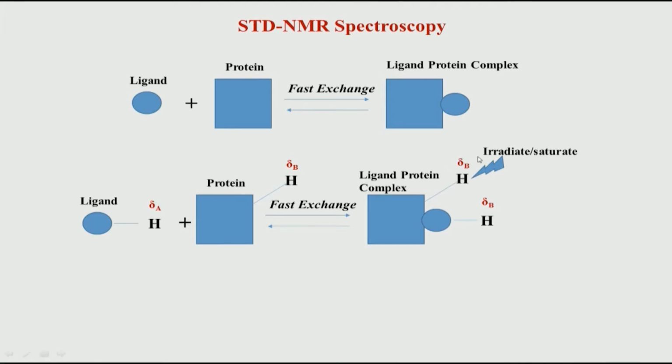In solvent suppression, we did a selective frequency RF irradiation, meaning we look at the solvent proton and irradiate at that solvent proton continuously for a few seconds, and that completely saturates it, equalizes the populations of the two levels and makes the signal go to 0.